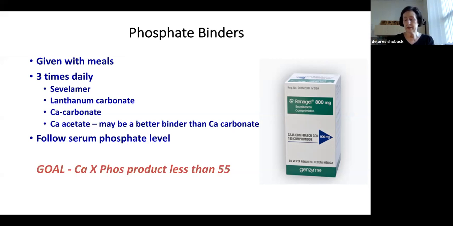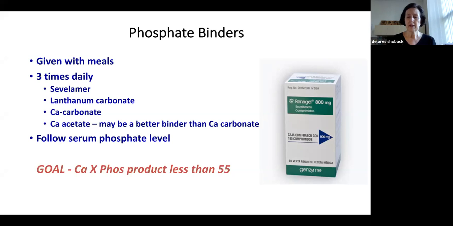So do we give this? Somebody asked a question in the last talk. I think it was a parent who said, I have a child with genetic hypopara with a high phosphate. I will not answer that question about what you should do. I think you should ask your pediatric endocrinologist or your pediatrician, because phosphorus levels in children are higher than adults.